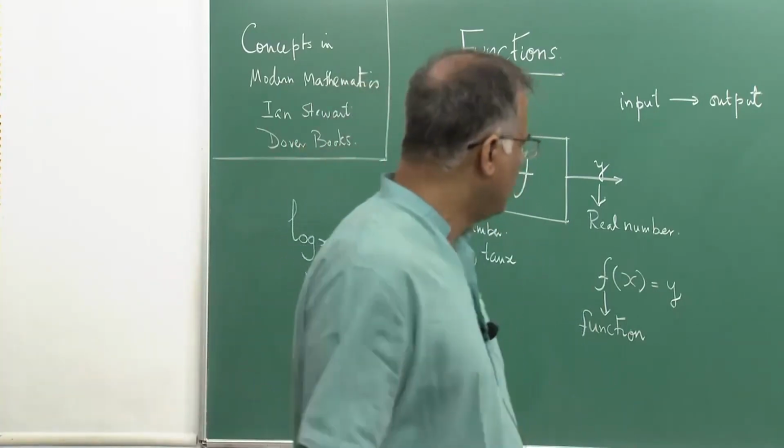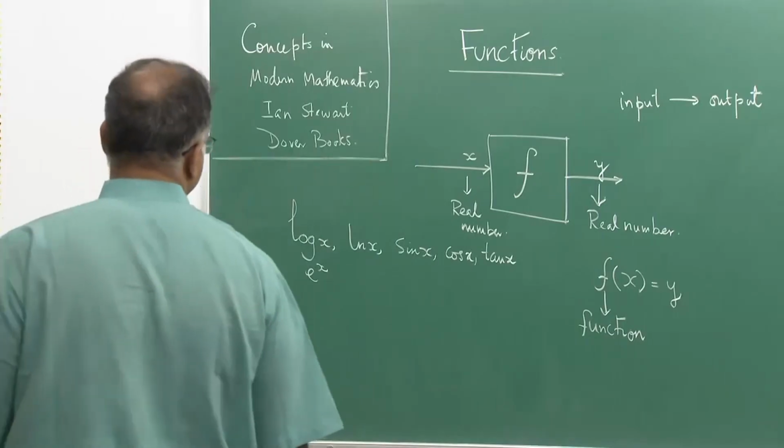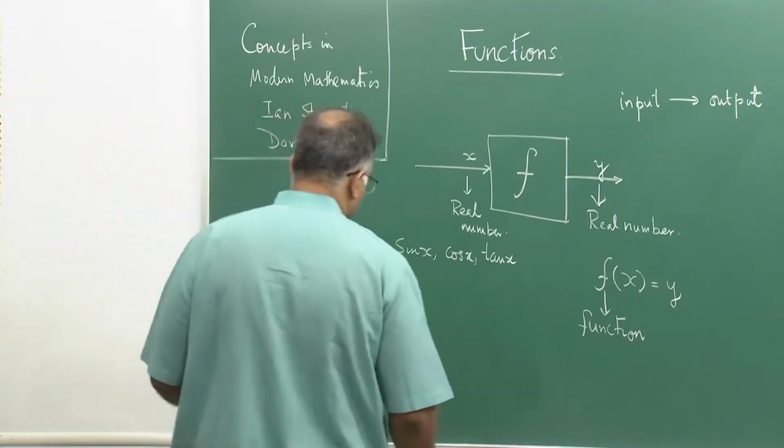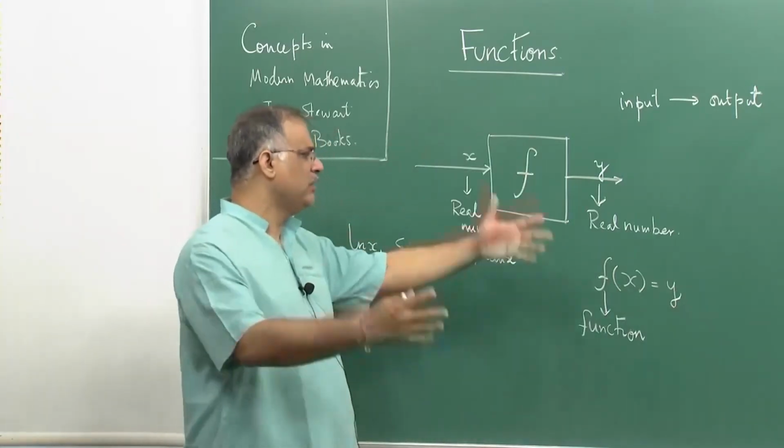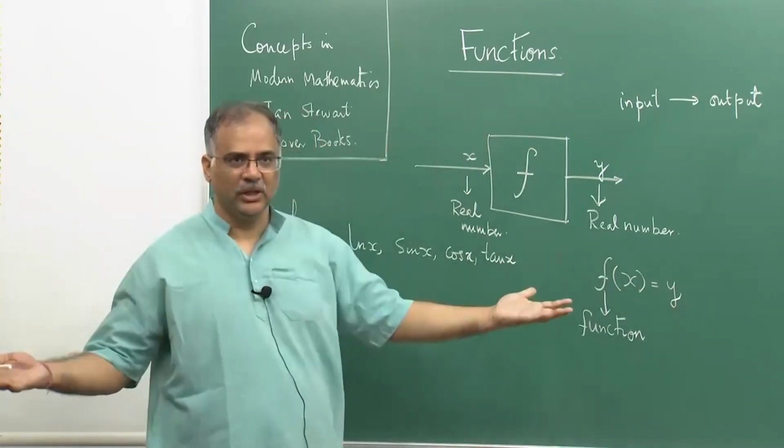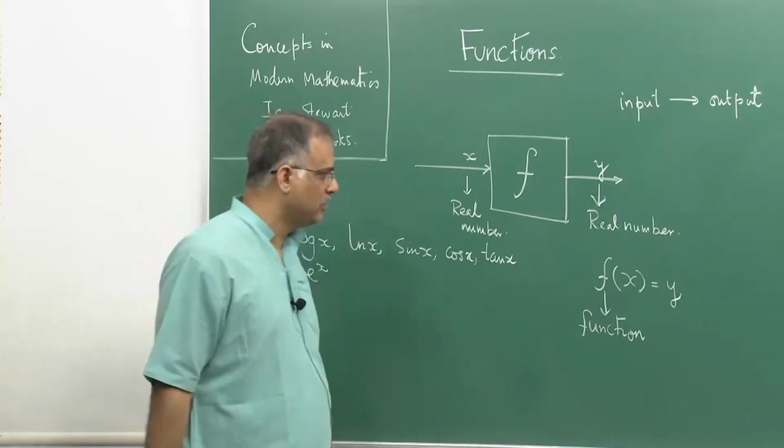The question arises that what sort of machine is this, how does it look, and whatever x I put in, can I get back a y? That is the question.